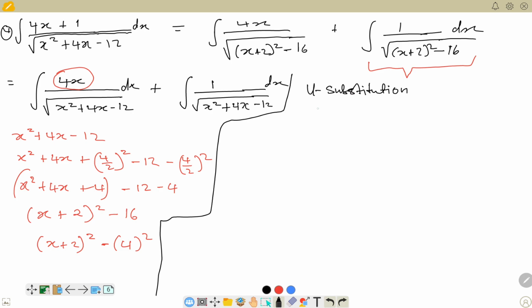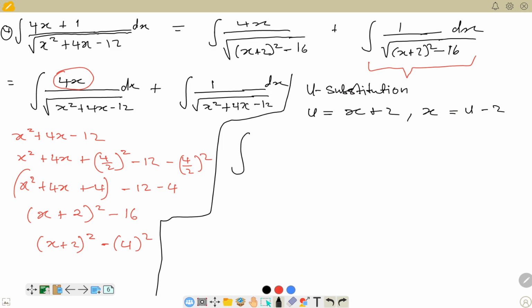So we can say that there under the square root, we can take that x plus 2 and make it u. So u is actually x plus 2. And again, solving for x here gives x equal to u minus 2.